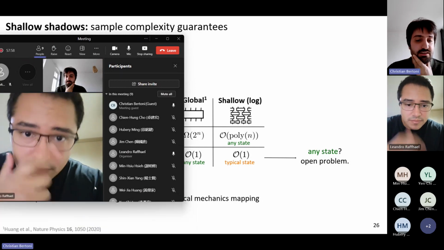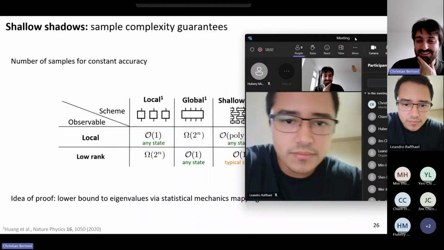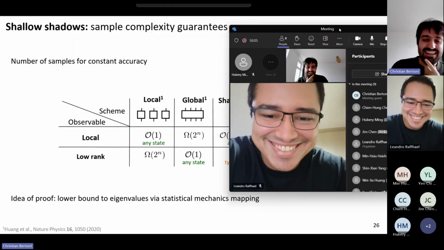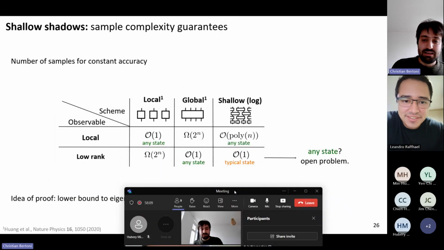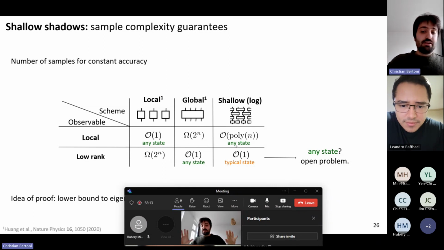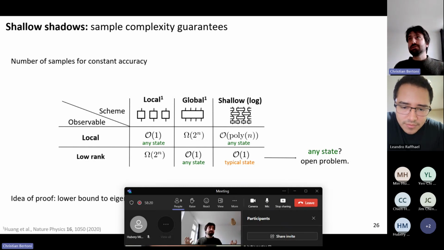Sure. Essentially, I can talk a lot about this, so stop me. What I mean here by a typical state is that the goal is to compute the variance of the estimator O hat.